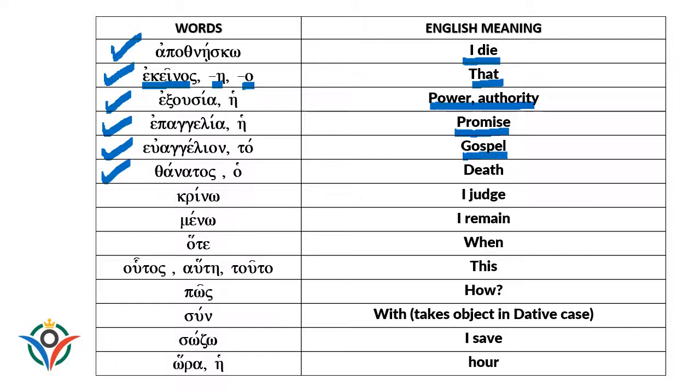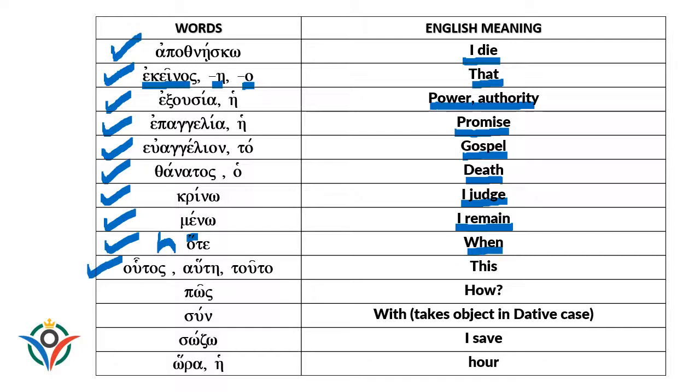Then we have thanatos, which means death. Next we have kreno, which means I judge. Then we have meno, translated as I remain. Then we have hote, with a rough breathing mark, so we pronounce it with an H, and that's translated as when.